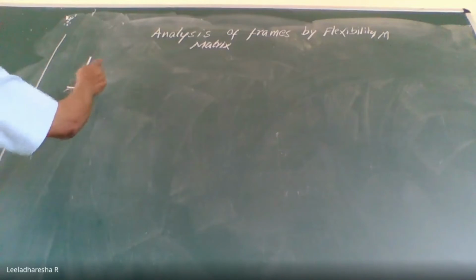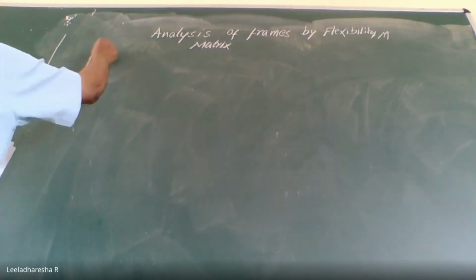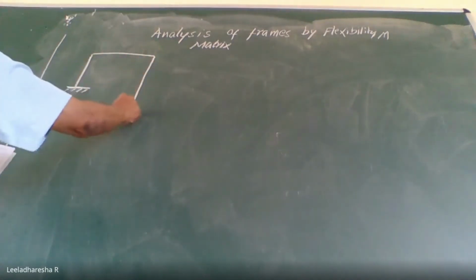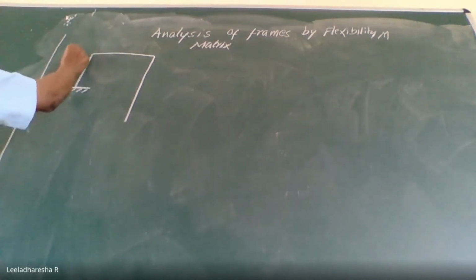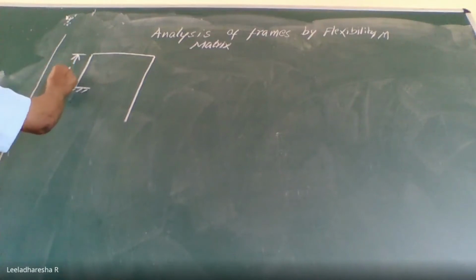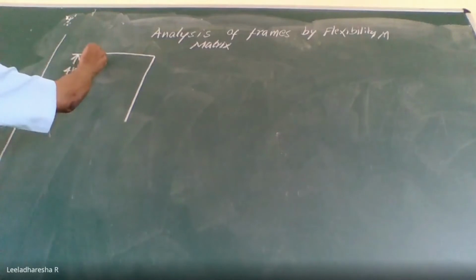End A of the frame is fixed and the column AB has a length of 4 meters. The height of the column is 4 meters, that is for the member AB.